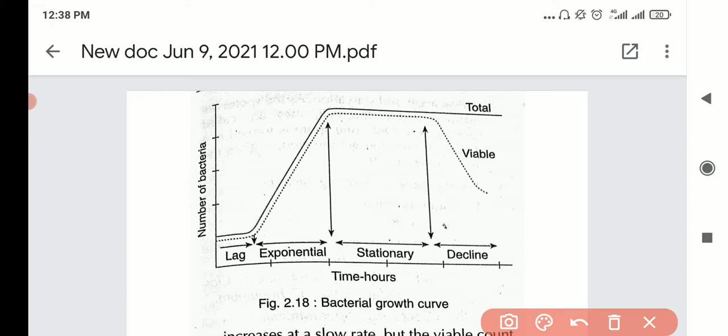Same here. I forgot to mention that not only did they grow and take away all the food and all the space, they also excreted toxic substances, their excretory or death products, and these accumulated. So looking at this graph again, you will notice it still went down even though the population was maintaining its number.